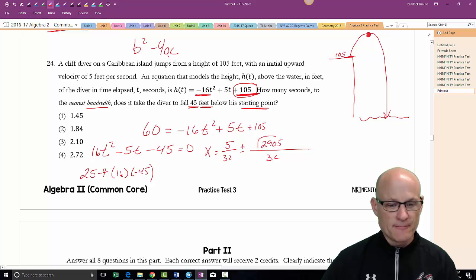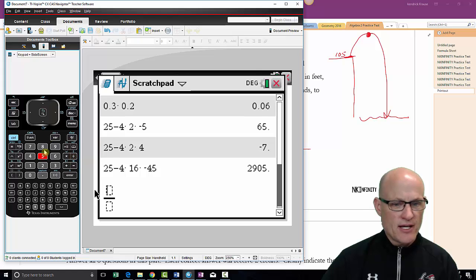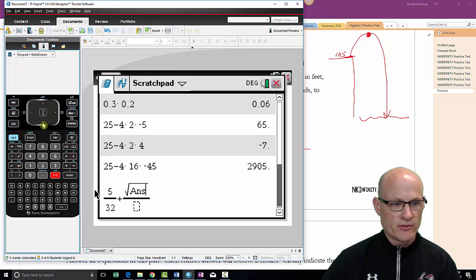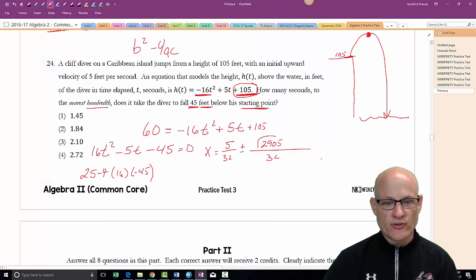So if I type this in, 5 over 32, plus the square root of the previous answer divided by 32, I get 1.84 seconds.